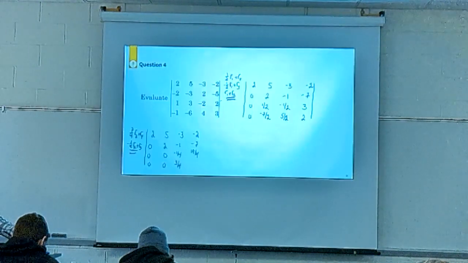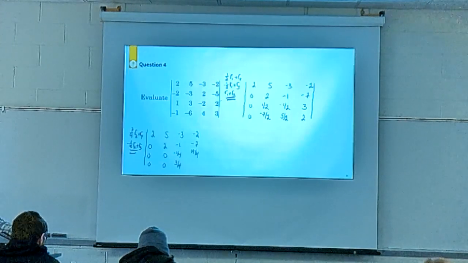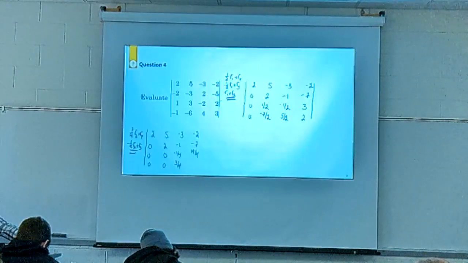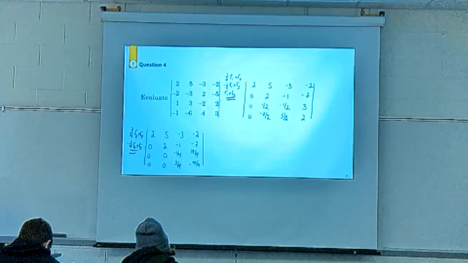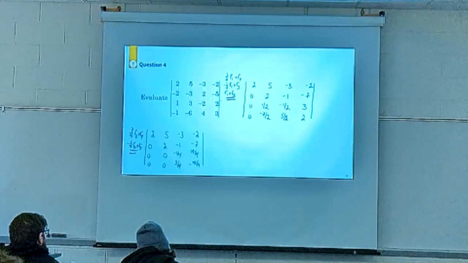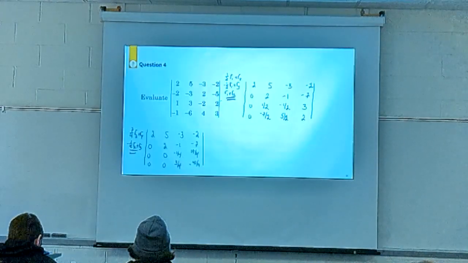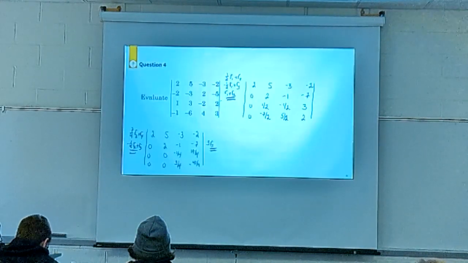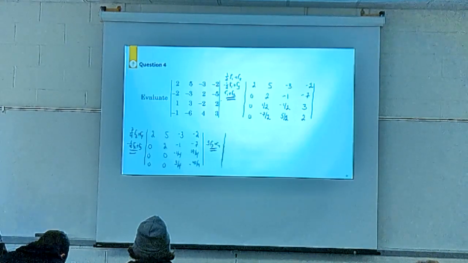Negative 49/4 plus 2. Negative 41. What are we multiplying -1/4 by to get -3/4? 3. Again, type 3, so no change in the determinant.